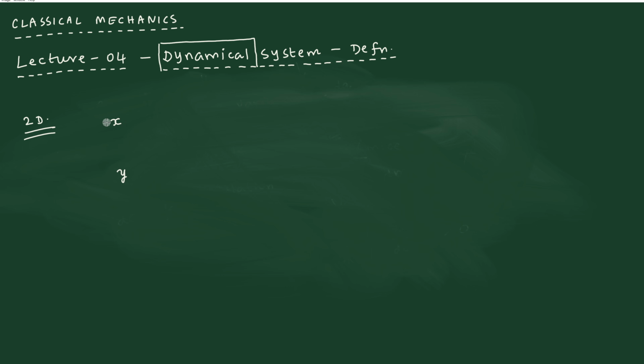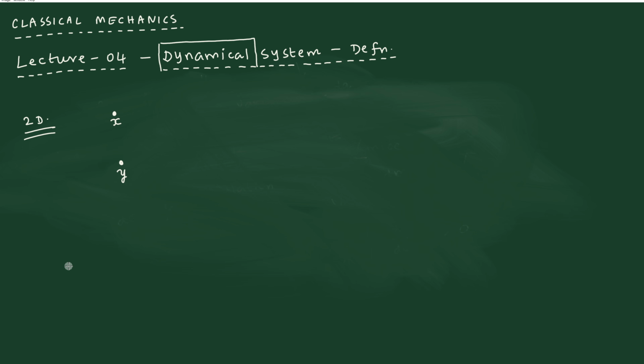Now, since we are talking about the dynamics of these variables, we need to have time derivatives. So let us put the time derivative. Time derivative means I am going to put a dot here. x dot means dx by dt. Similarly, let me write down that y dot is dy by dt.